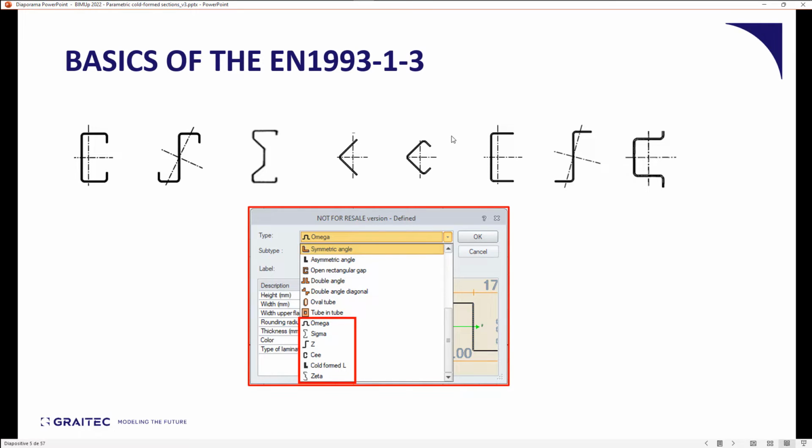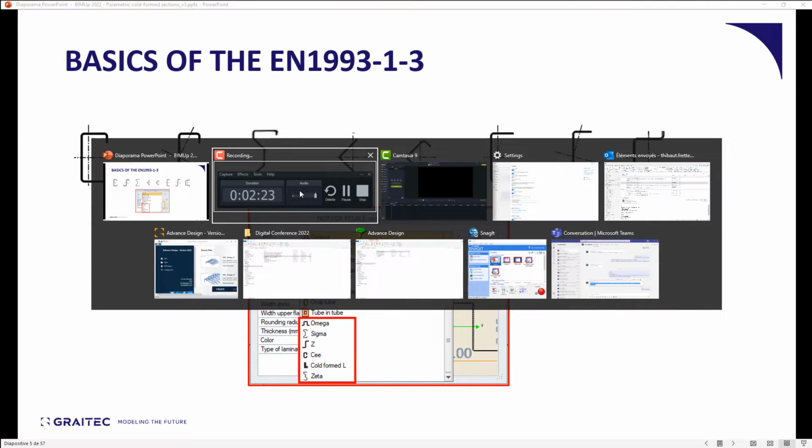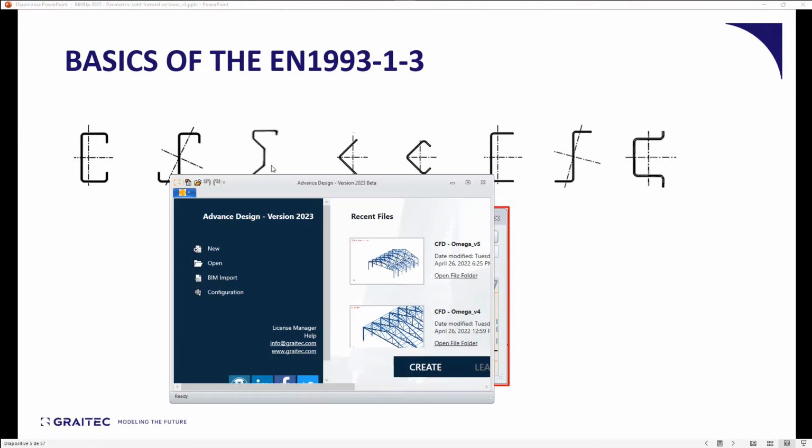We have angle sections, a channel with lips, a Z section, and then the hat section that we will use for our first example. Now all these sections can be defined by the user in Advanced Design. You can see them in the drop-down list. You have the hat section, sigma and Z, the C, but let me show you that directly in Advanced Design.